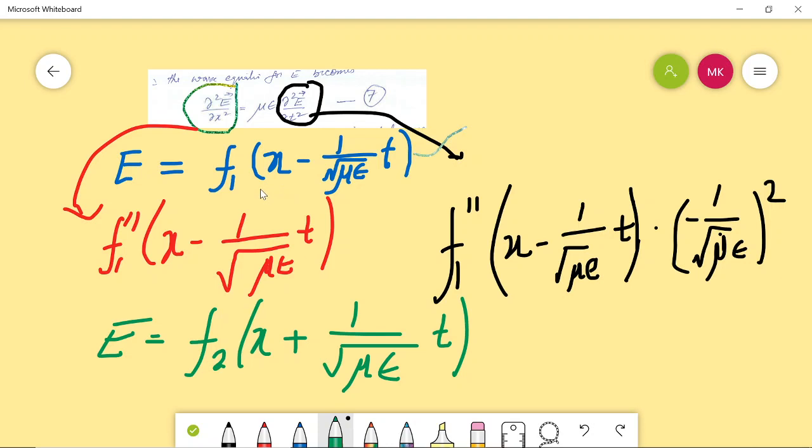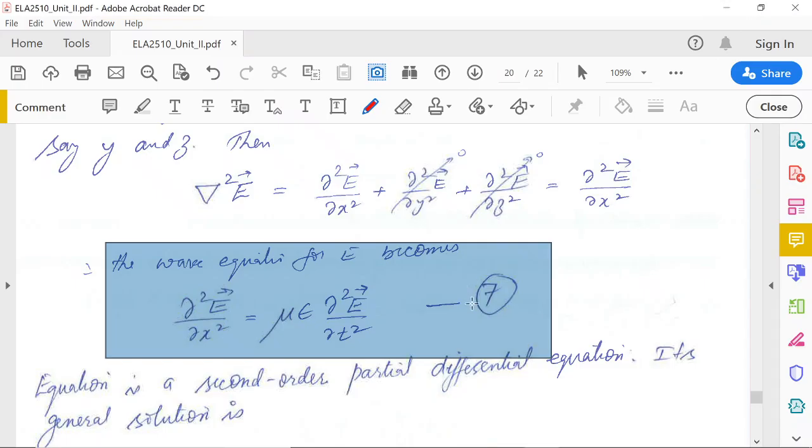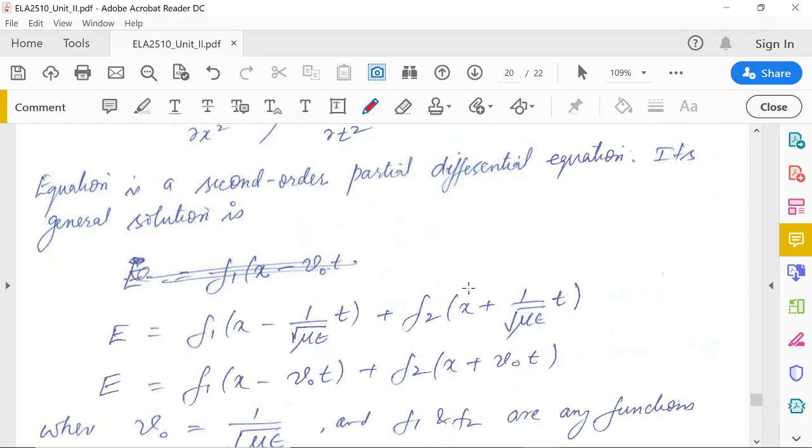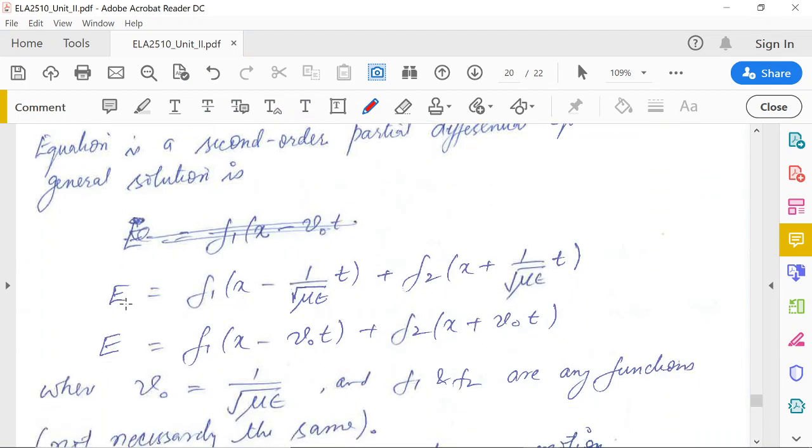It means any general function whose argument is the difference of x and t with this constant will be a solution of this equation. In general, you can combine both, and the general solution is E equals f1 of x minus 1 over under root mu epsilon t plus f2 of the other argument.